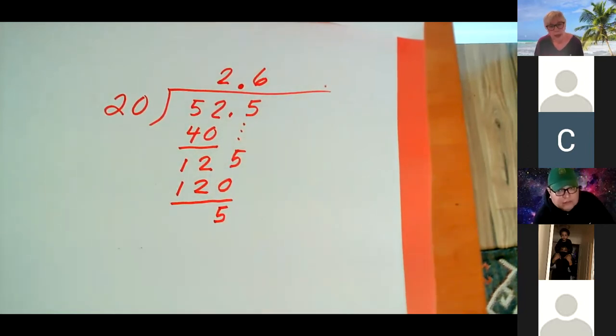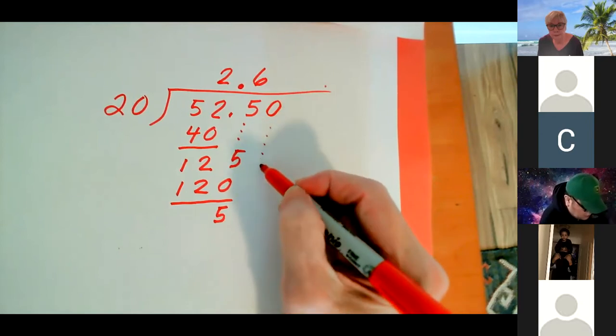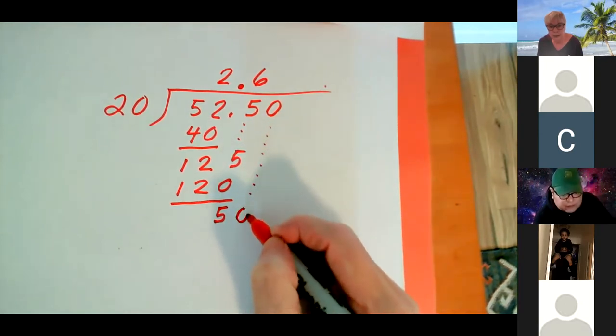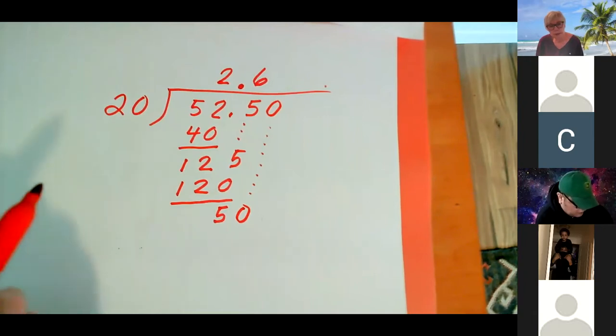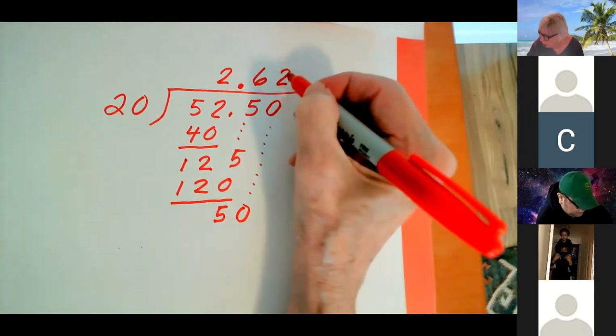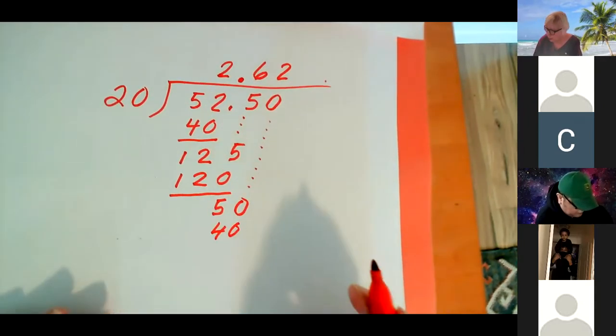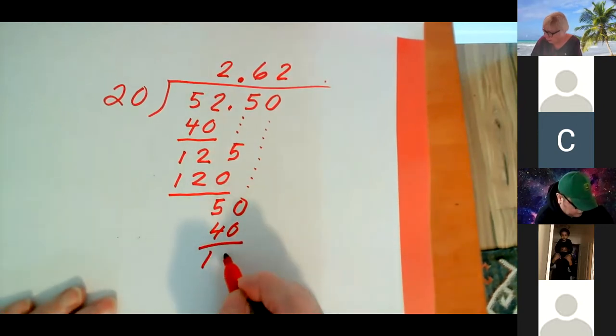Now, they may give you some problems where if you would continue to divide out, it would end up with 0 remaining. I think this will do it. So I'm going to continue. We're going to have to look at instructions. I'm going to add a 0. I can see this is going to eventually divide out. 20 into 50 goes twice. 2 times 20 is 40. 10 left over.